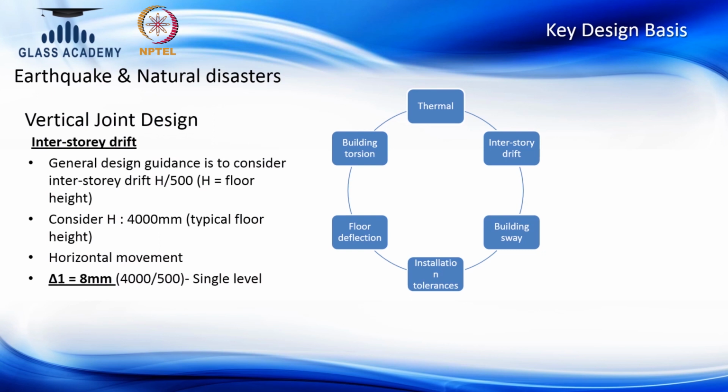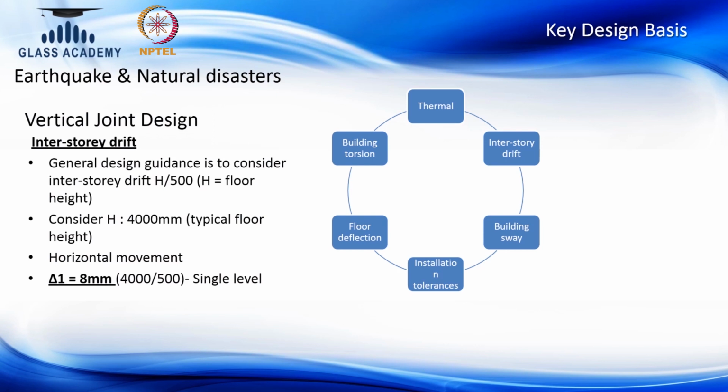A lot of standards allow this, like h over 500. So floor height divided by 500, which the engineer needs to understand so that he can design the joint such that it will not crack or fail during the building movement. And the joint design is needed primarily for this factor.